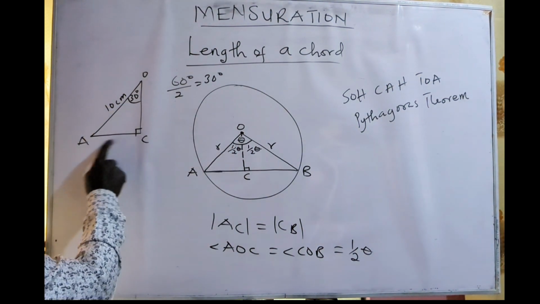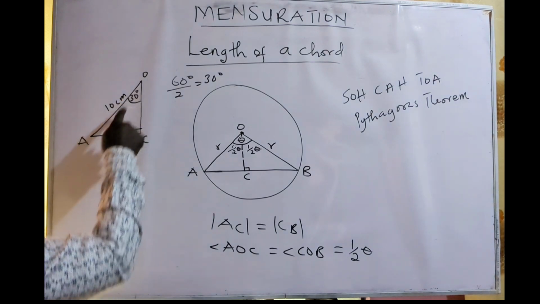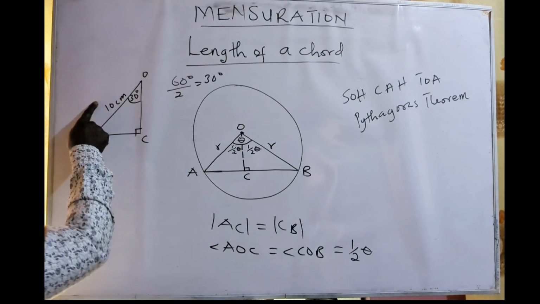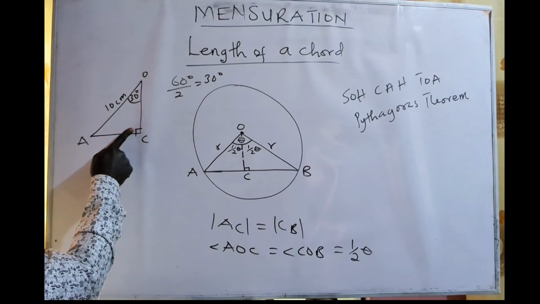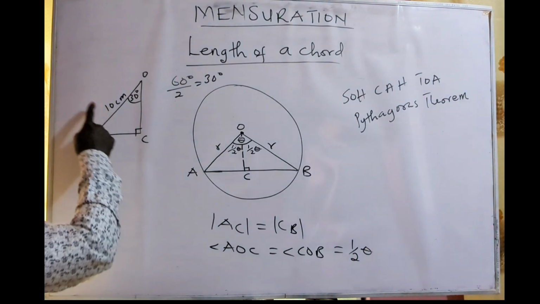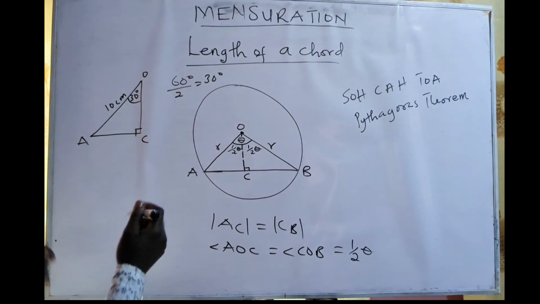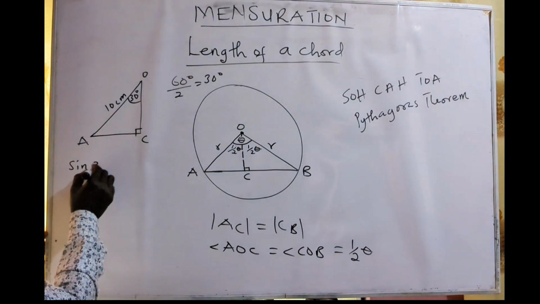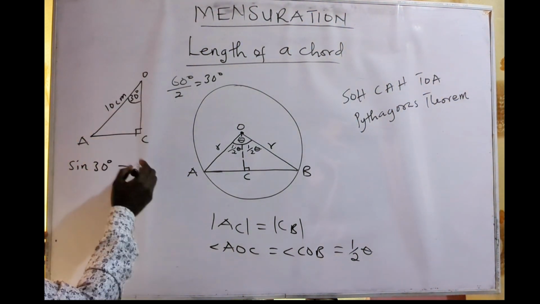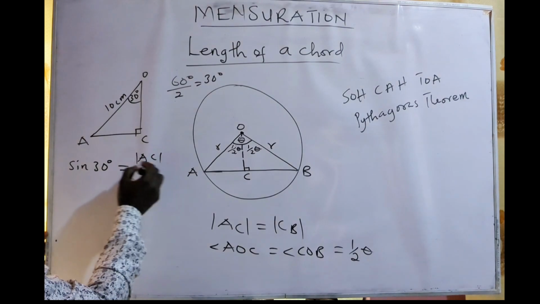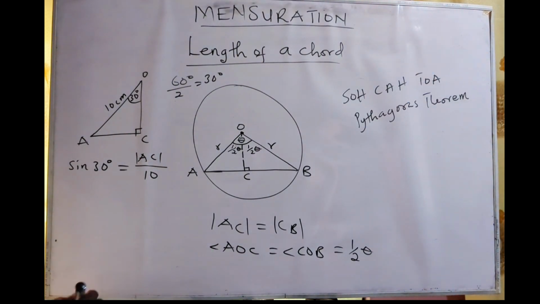So how do I calculate for this particular side here? The angle here is opposite, and this side is what? My hypotenuse, because the 90 degrees is here. The side opposite the 90 degrees is the hypotenuse. So opposite on hypotenuse, what do I use? Sine. So I'll say sine 30 degrees is equal to AC, opposite, over the hypotenuse, which is 10.